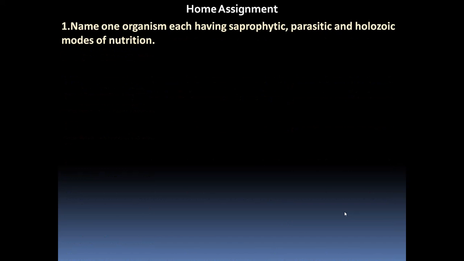Now, as we have learned a few things about nutrition in plants, in animals and different animals, let us take some home assignment. First question: Name one organism each having saprophytic, parasitic and holozoic mode of nutrition.